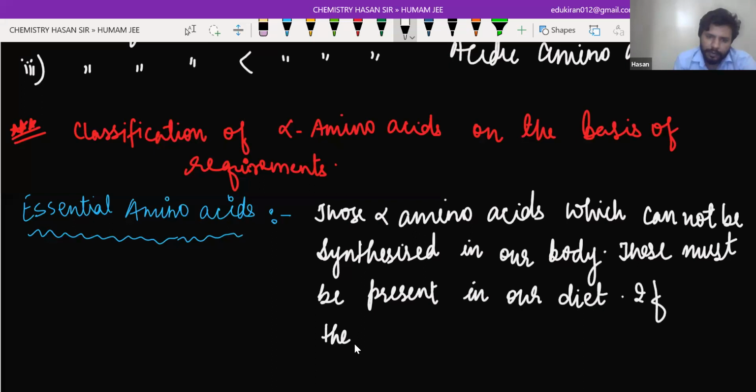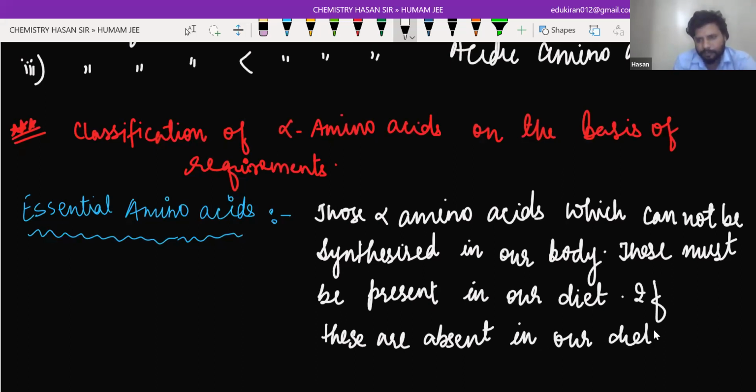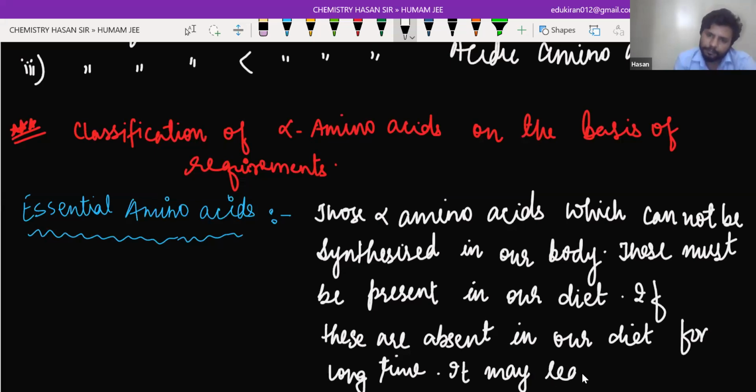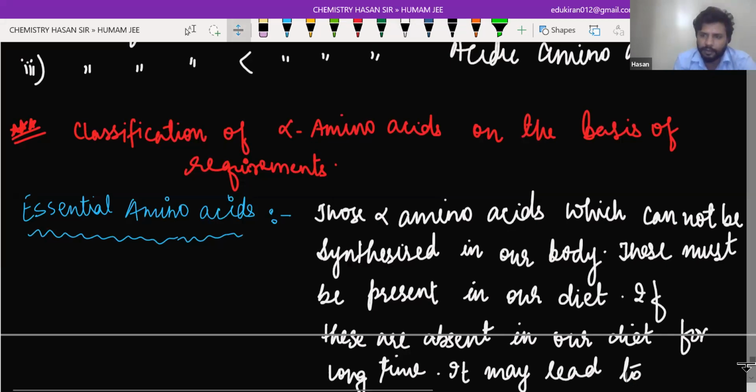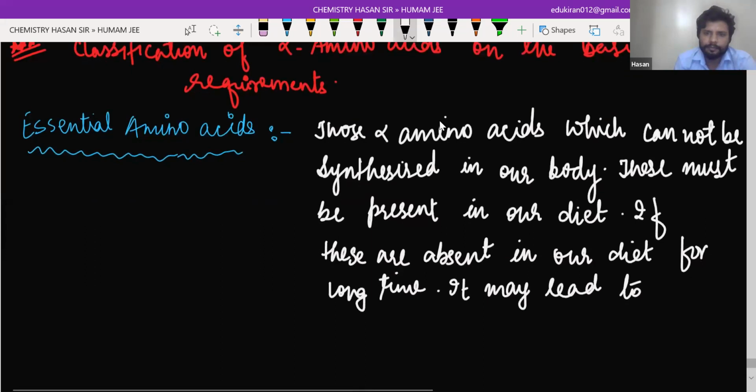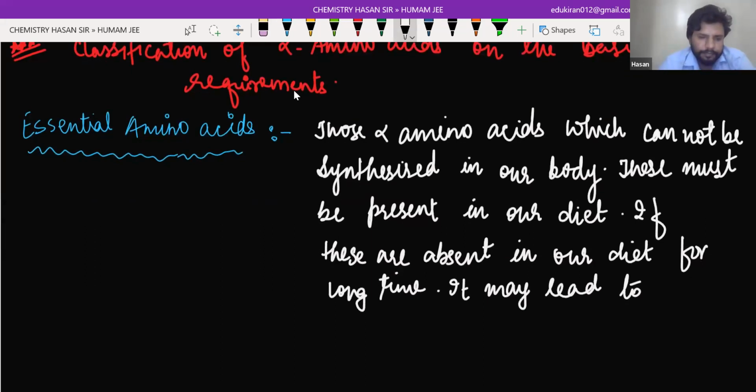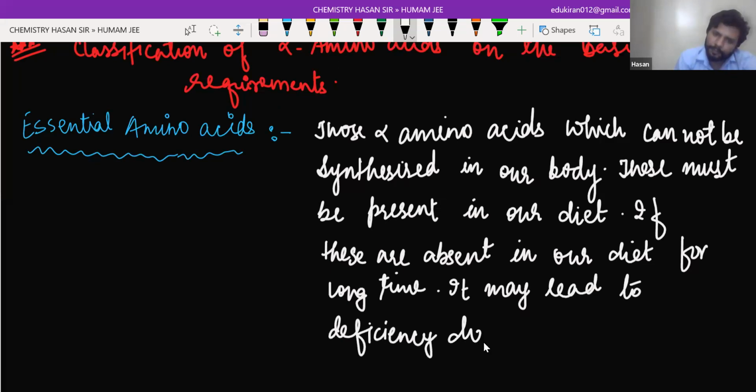If these are absent in our diet for a long time, it may lead to deficiency disease. The examples are very important.